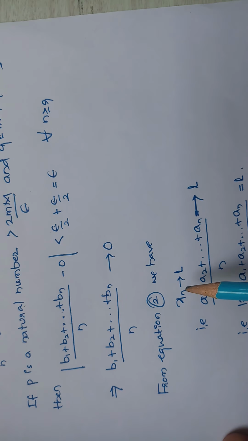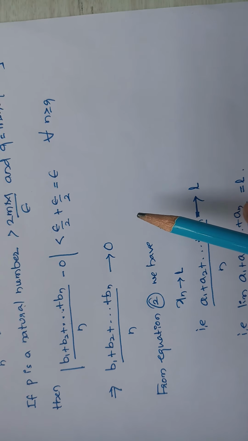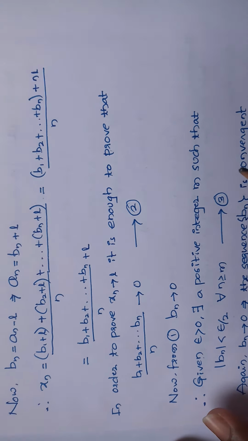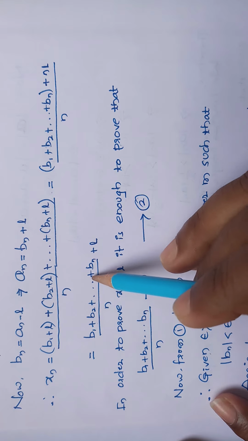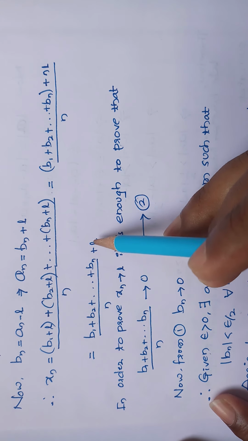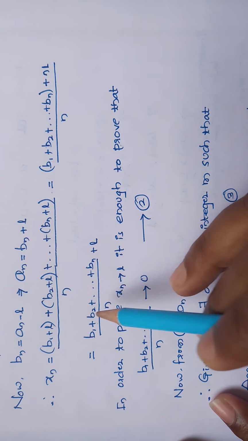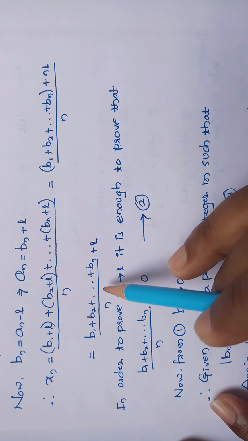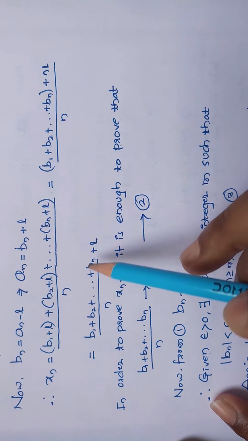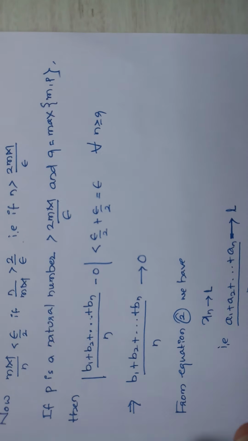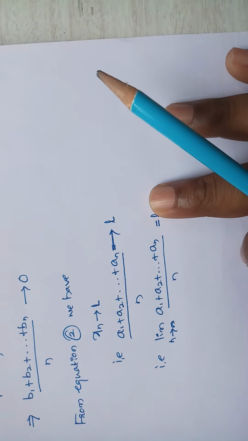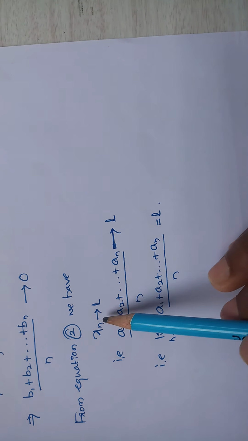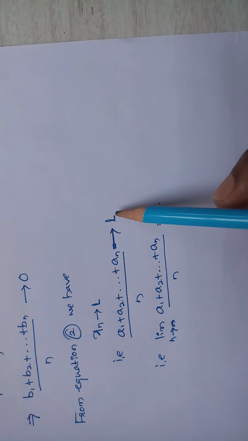After putting the value in this equation, xn is equal to b1 plus b2 plus so on bn divided by n plus L. If we put the value from equation 2, b1 plus b2 plus so on bn divided by n tends to 0, then xn tends to L. Therefore xn tends to L, that is, a1 plus a2 plus so on an divided by n tends to L.